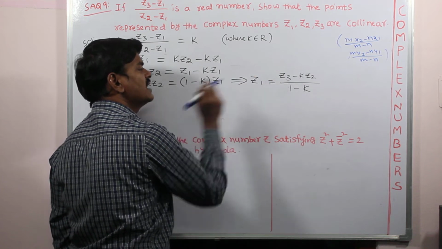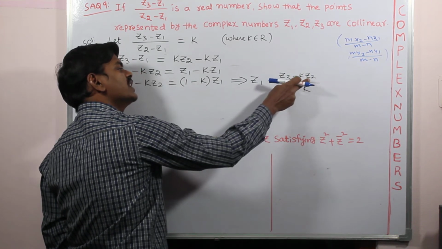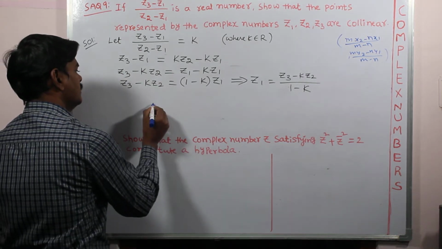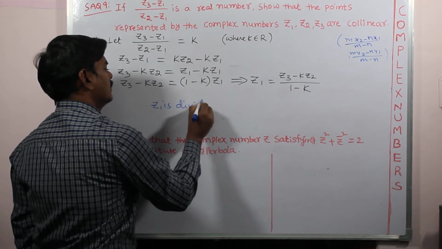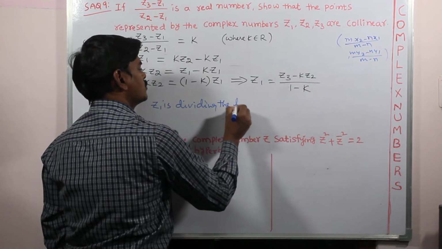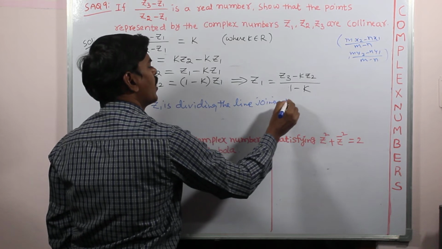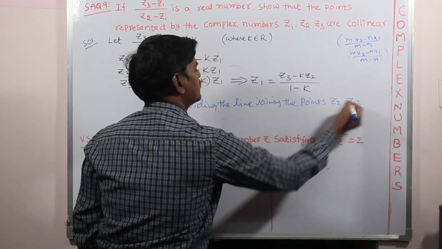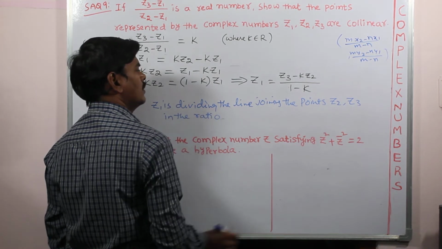Here the dividing point is Z1. So Z1 is dividing the line joining the points Z2, Z3 in the ratio m is to n.